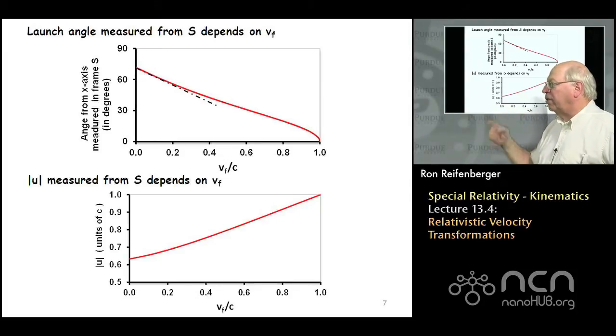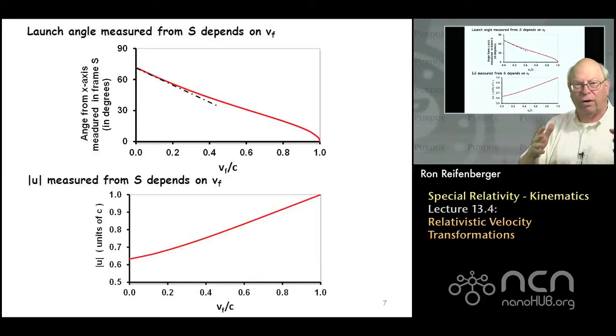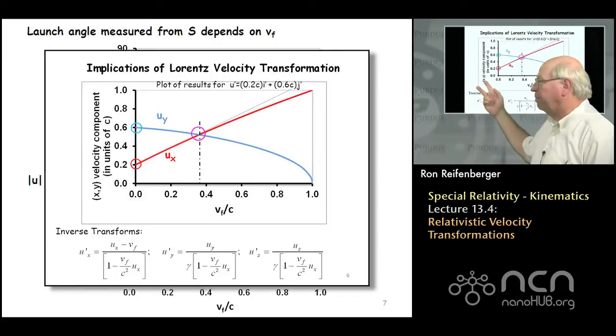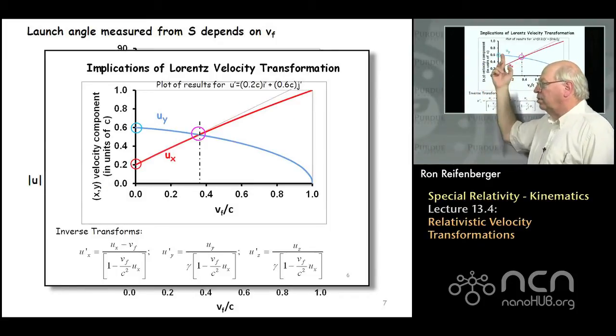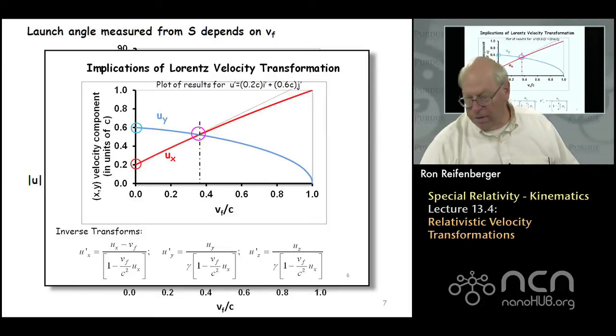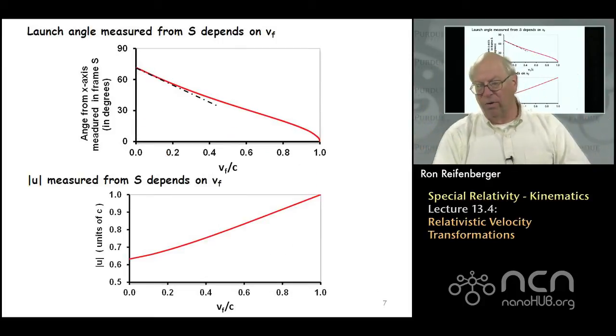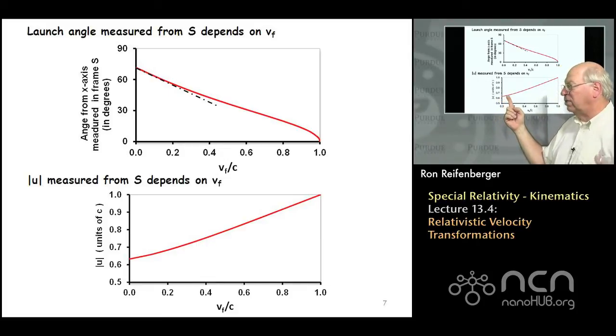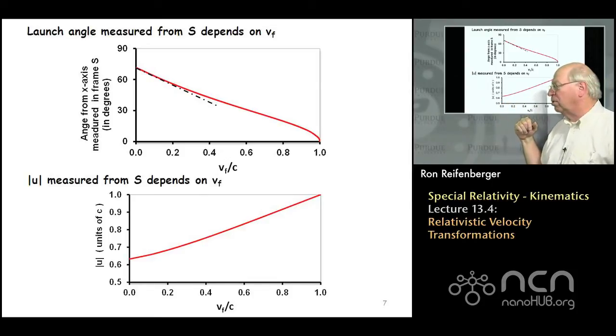And the other thing I can do is calculate the magnitude of the velocity measured in the unprimed reference frame. It's just u sub x squared plus u sub y squared, and I know u sub x and u sub y from this plot. So I take the square root of that quantity, and that's what I plot here. It's the magnitude of u measured by an observer in S for this object as v sub f over c increases towards unity.